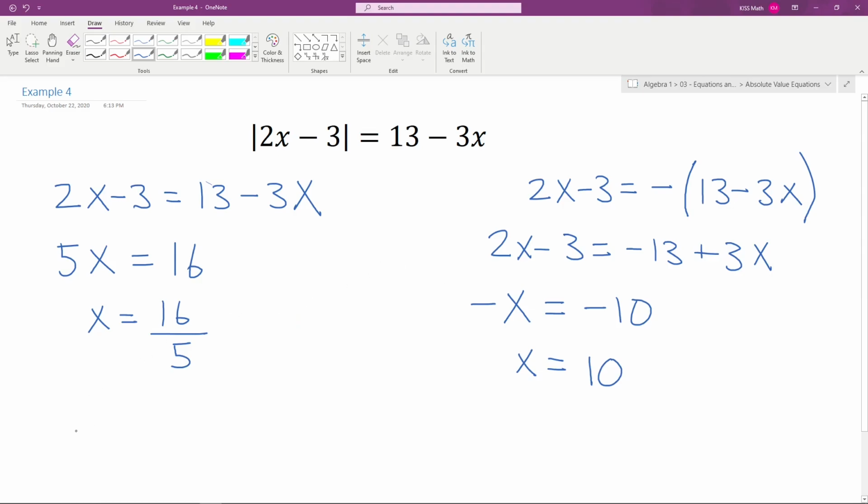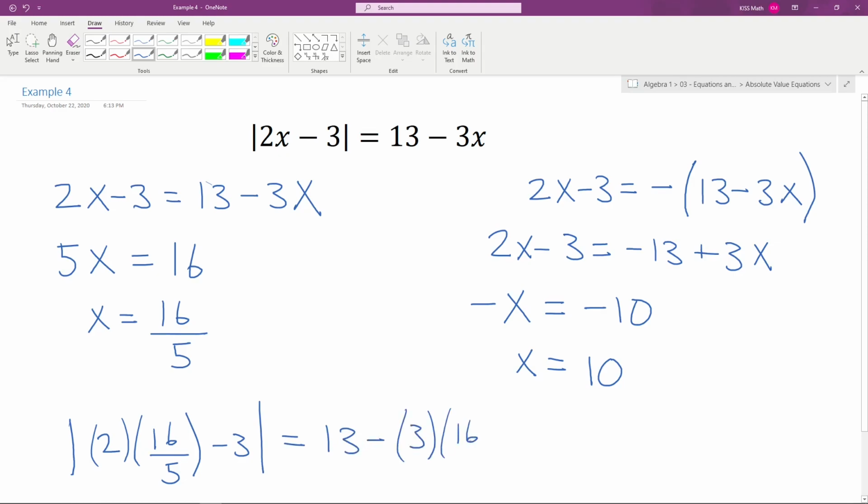So absolute value, 2 times 16 over 5, minus 3, equals 13 minus 3 times 16 over 5.